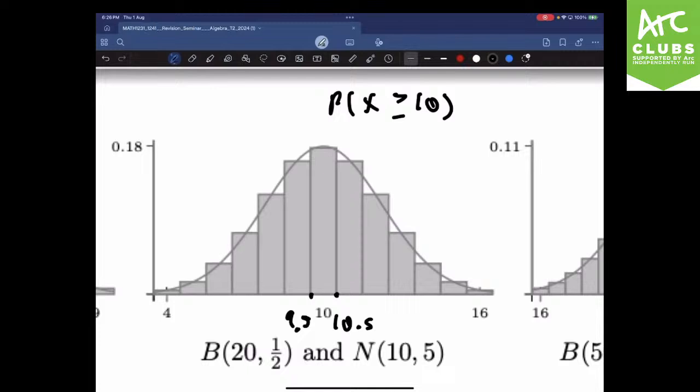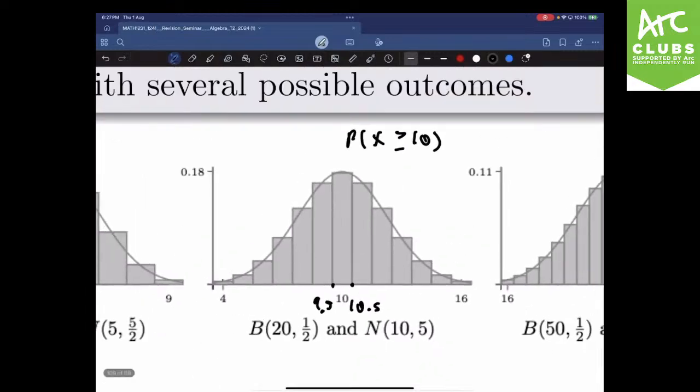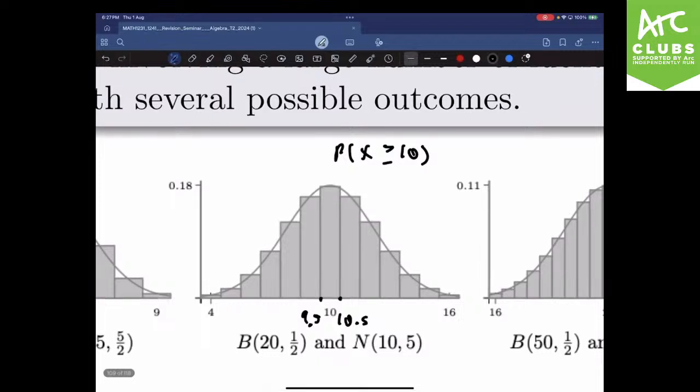So 2 would be between 1.5 and 2.5, and 3 is between 2.5 and 3.5. So if I want to find the probability of x being larger than or equal to 10, after I apply my continuity correction, this would actually be the probability of x being larger than or equal to 9.5.